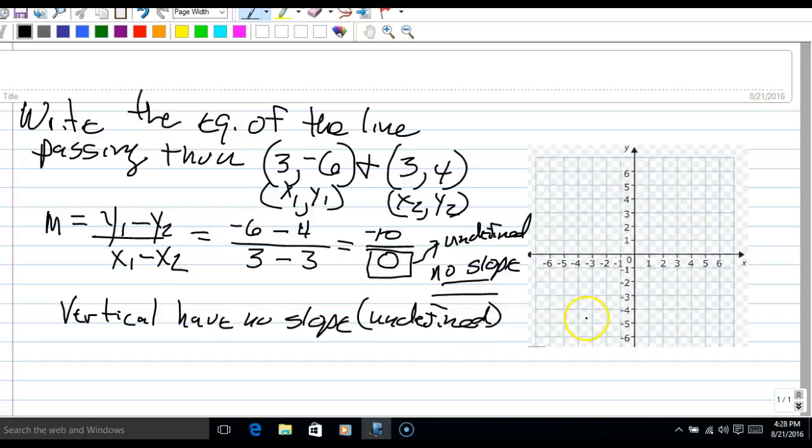If we plot these ordered pairs, we have 3, negative 6, which is this point, and we have 3, 4, which is this point. And if we draw a line that connects those 2 points, you see that it is a vertical line, and vertical lines have no slope.